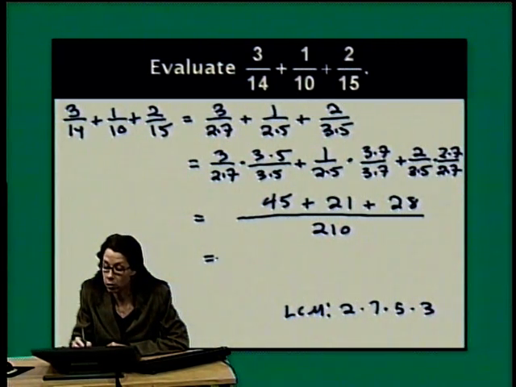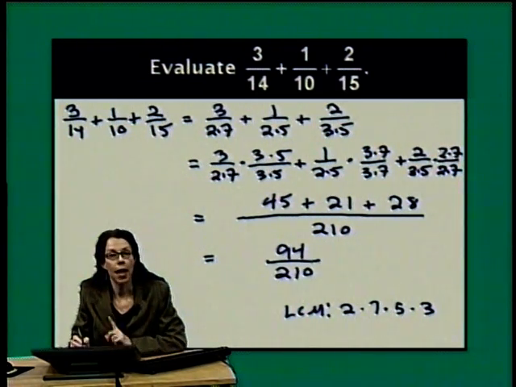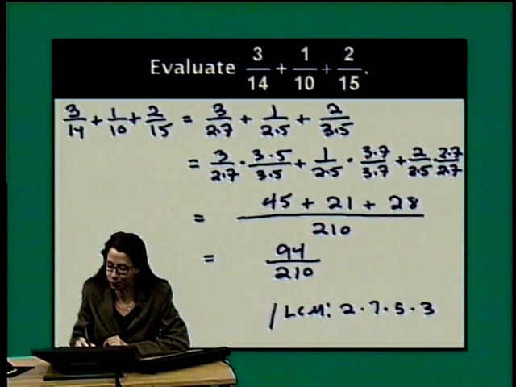Adding the numerators, 45 plus 21 is 66, plus 28 is 94. And I'm going to leave that as an exercise for you to reduce that fraction.